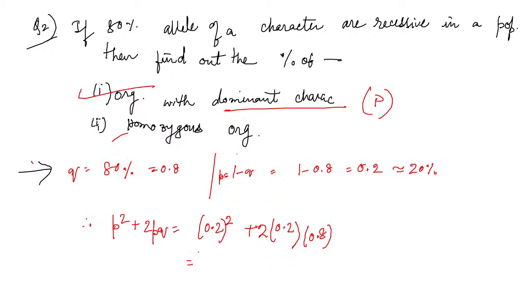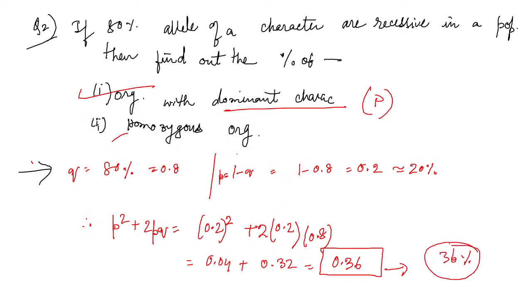So what do we get? 0.04 plus 0.32, which is equivalent to 0.36. So 36% is dominant.